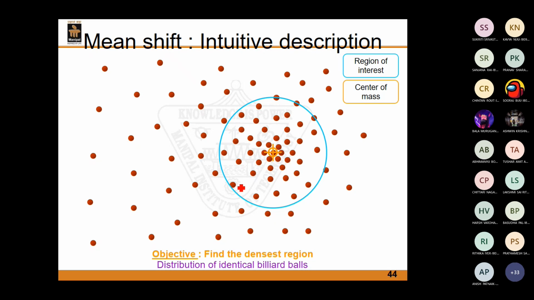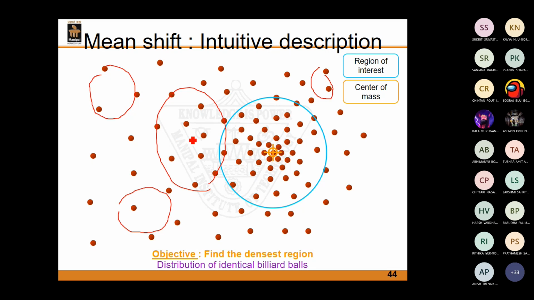So what we see with this particular method is that even though you initialize it anywhere, what we first assumed was that the circle was somewhere over here. Even if it is initialized in this corner, or in some other place over here, or maybe this particular corner, irrespective of wherever it is initialized, through the iterations it keeps coming to this particular densest region itself.